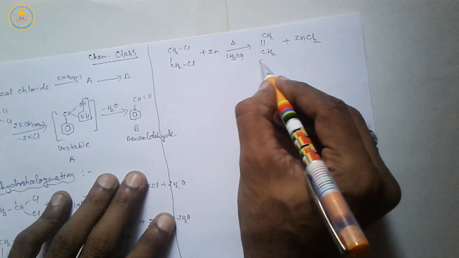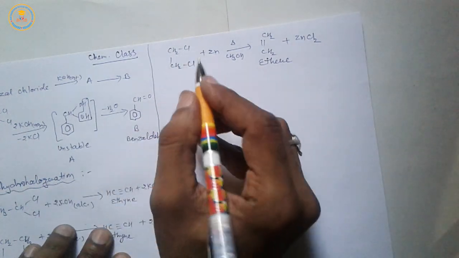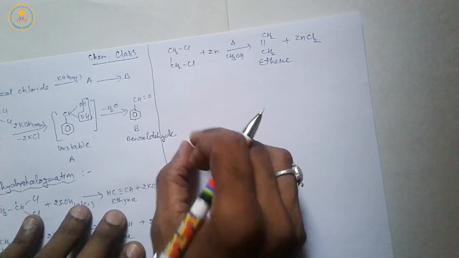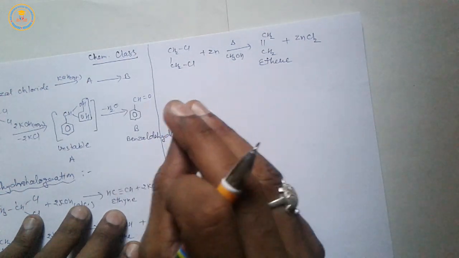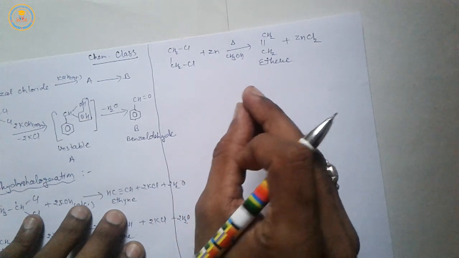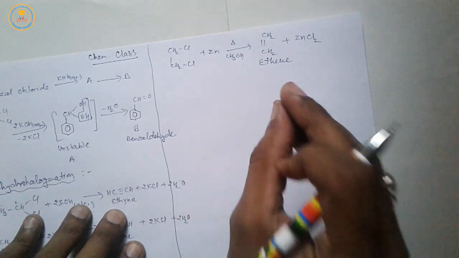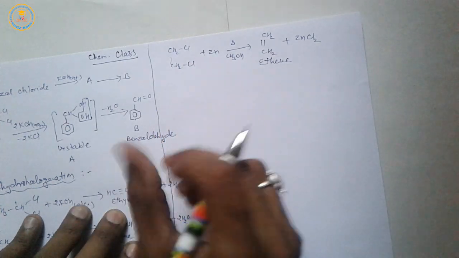Here the alkene is ethene. I repeat, polymethylene halide gives cycloalkane with zinc after the dehalogenation process. Very important for your competition paper.